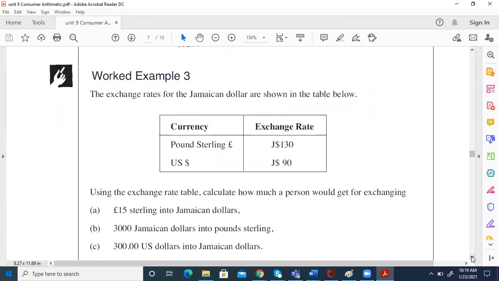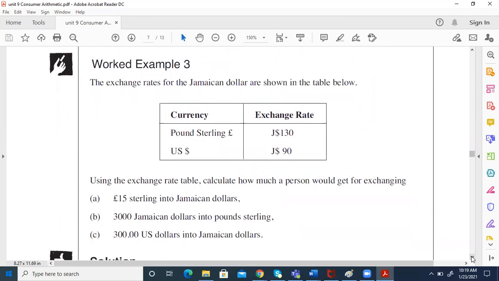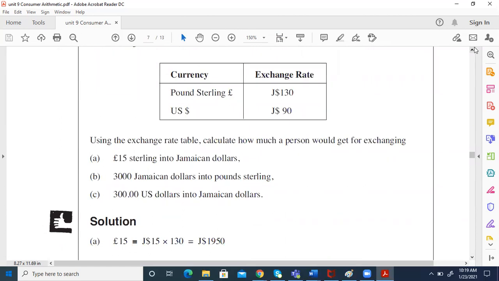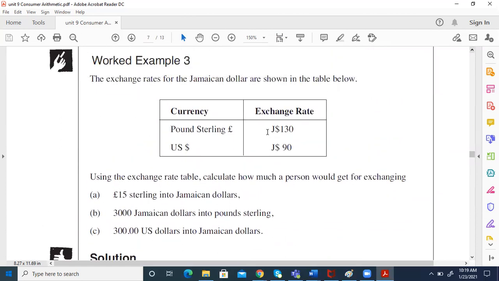So, currency. You notice again, they didn't say anything about currencies before, but they're teaching you by example. The good thing about this is they just give you one rate. In reality, you have a buy rate and a sell rate.